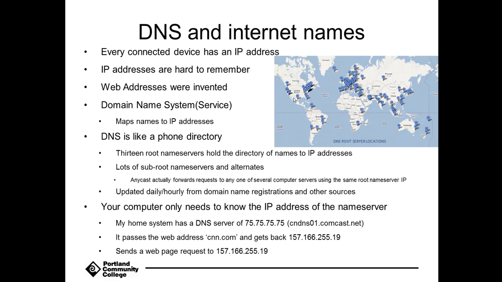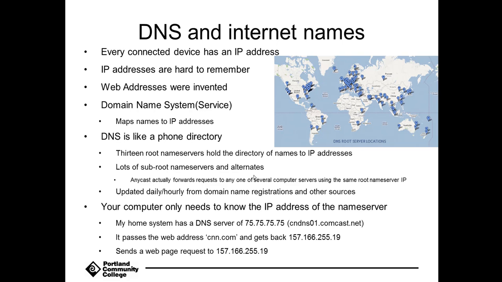So for instance, if I have a web server running in Oregon, www.pcc.edu, that goes to a specific address. That information is actually stored in the root name server, probably in China. And information gets there when you buy a domain and you register a domain name, you register a name. At the time you register it, you also have to give an IP address.